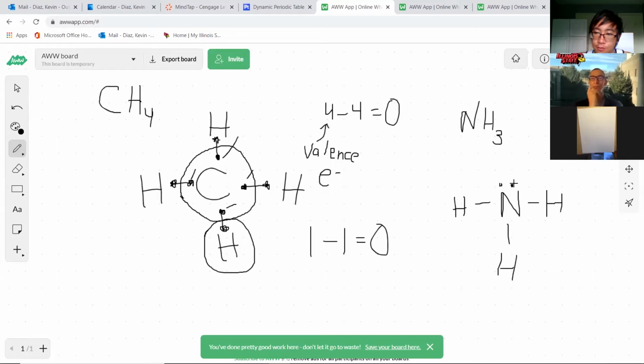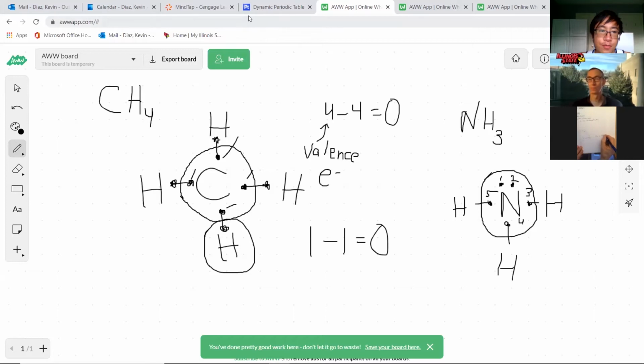NH3, those are lone pairs. I just draw those electrons right there. You would count 1, 2, 3, 4, and 5.